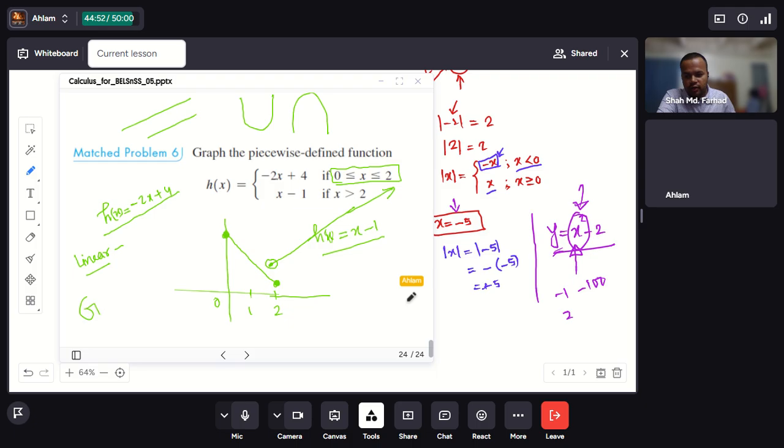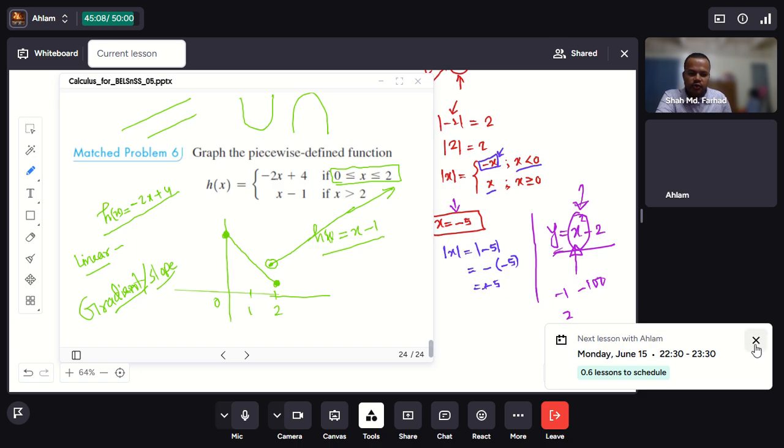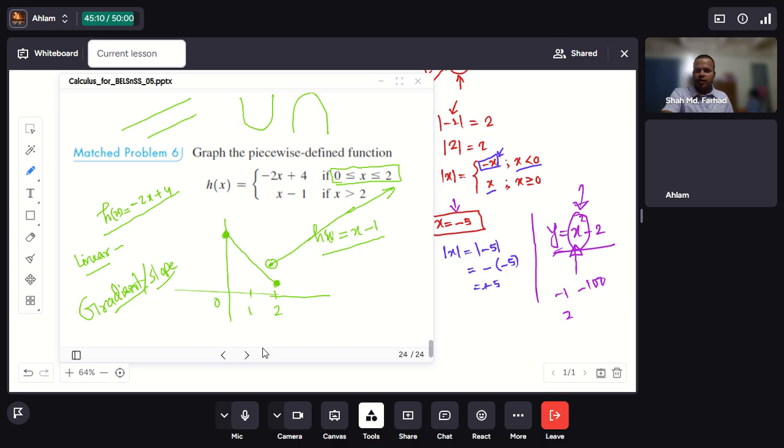In that topic, I will discuss it. Based on the gradient or slope, we can easily decide whether the graph is upward or downward. If the gradient is positive, then it will be upward, and the angle will be in between 0 and 90.